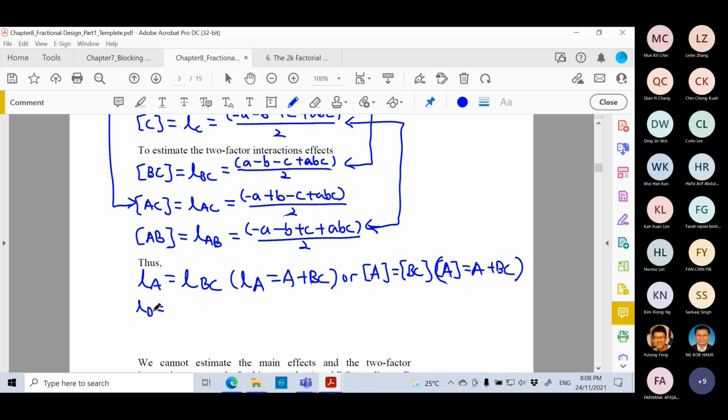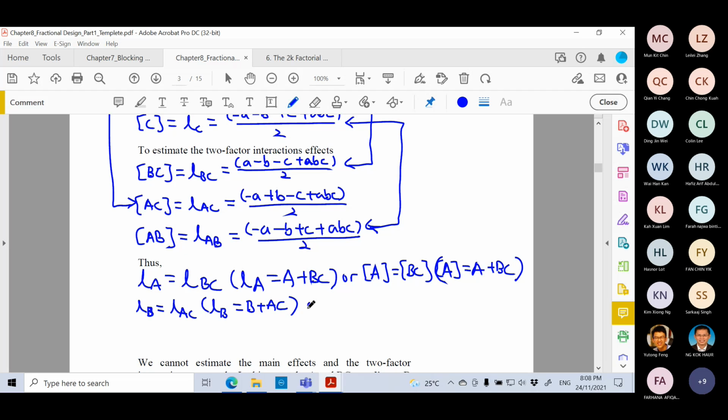L for the B will equal to the L for the AC. So we can write it as LB. It's actually, they come from the B plus the AC. Okay, the effect comes from both of them.